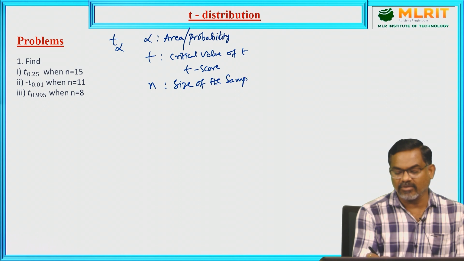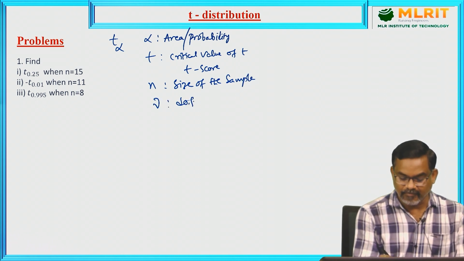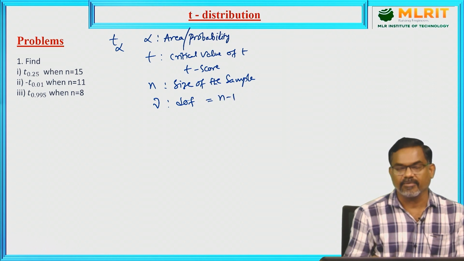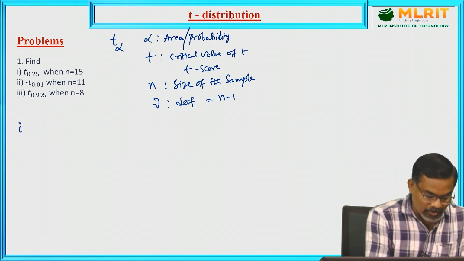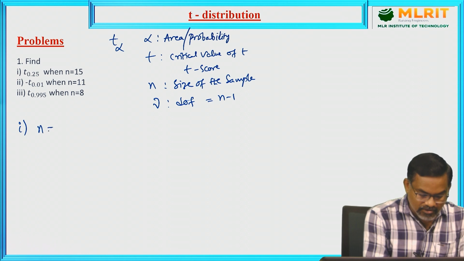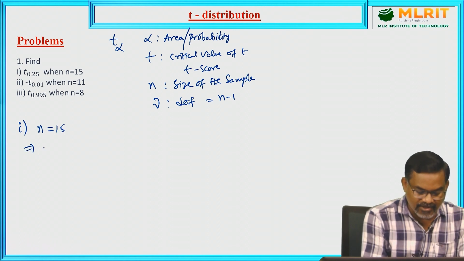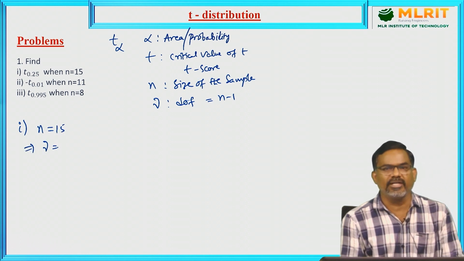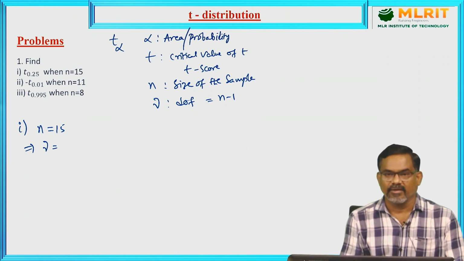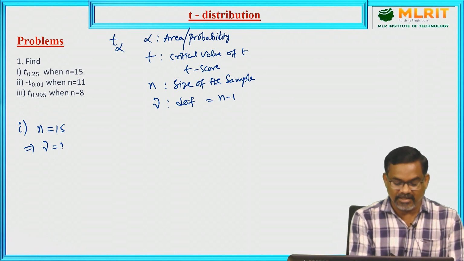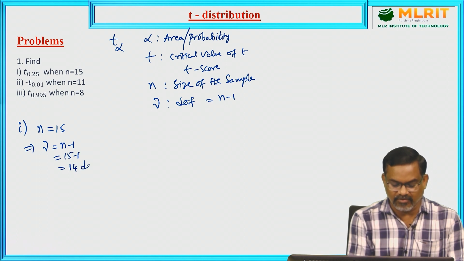If we have this n value, we can find the degrees of freedom nu, given by n minus 1. In the first problem, n equal to 15, so nu is 15 minus 1, 14 degrees of freedom.